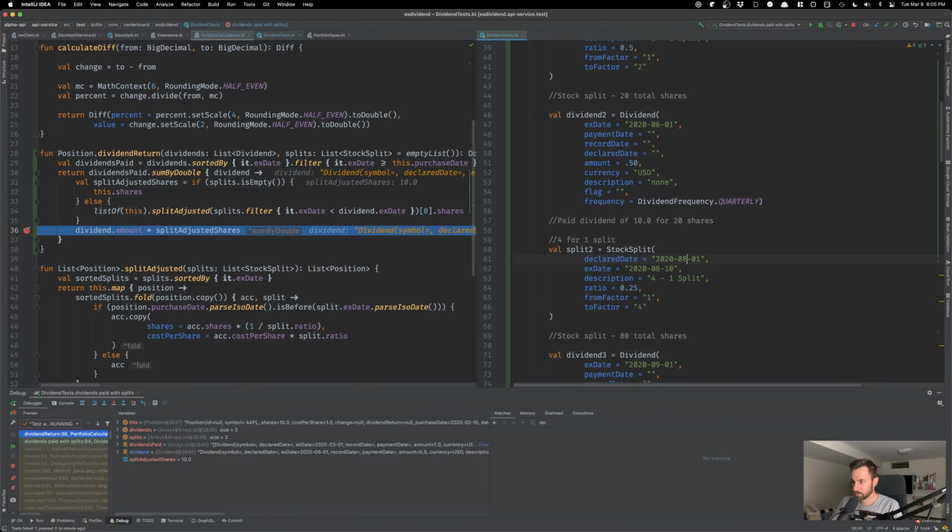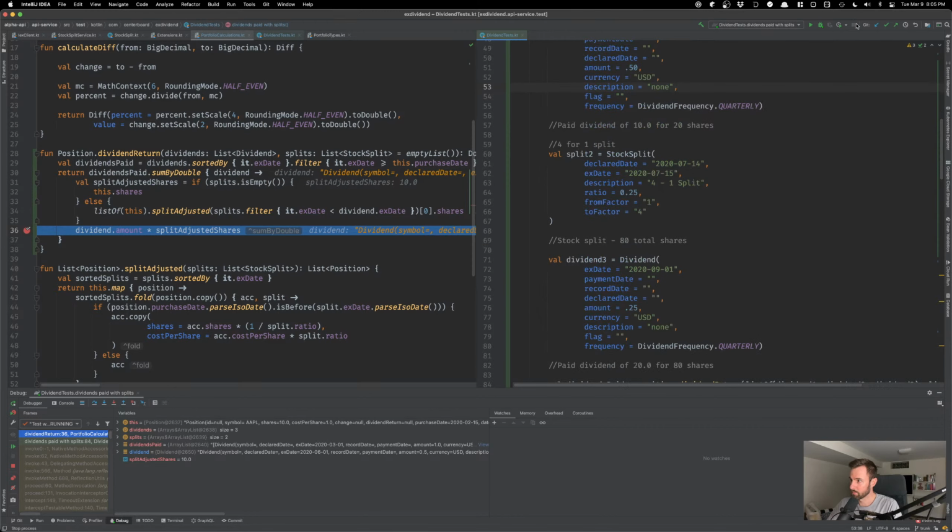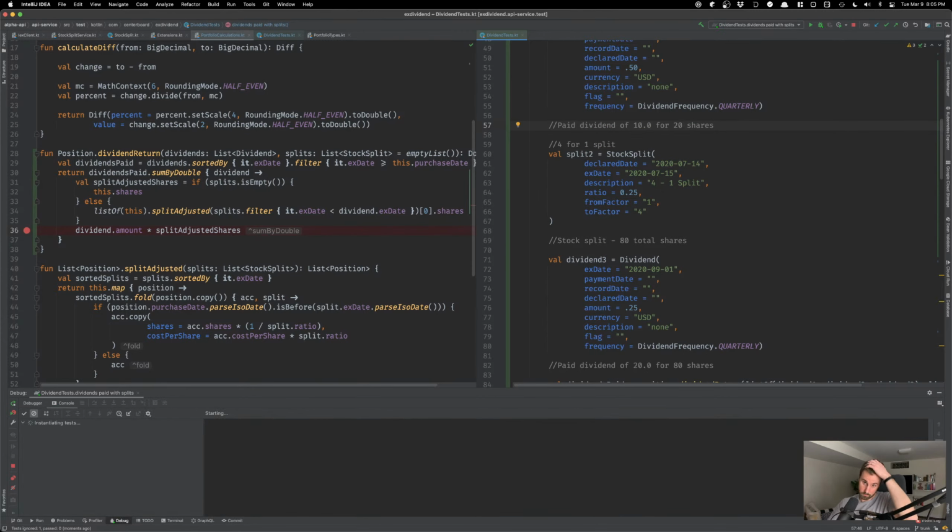And then this splits on 07-14, and it truly split on 07-15. So we got to have the right split dates. Otherwise, this won't work.